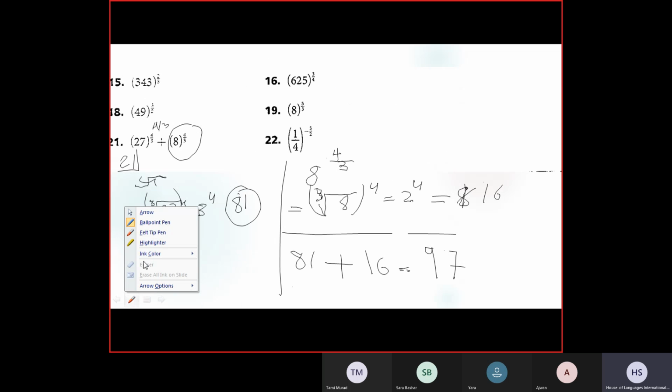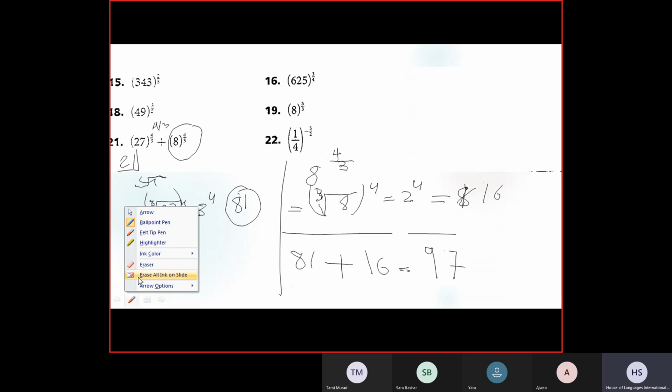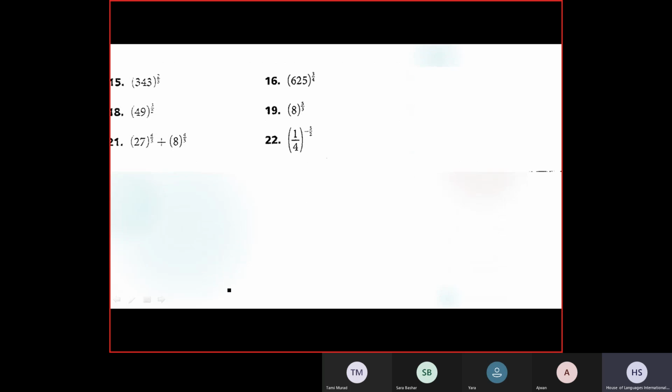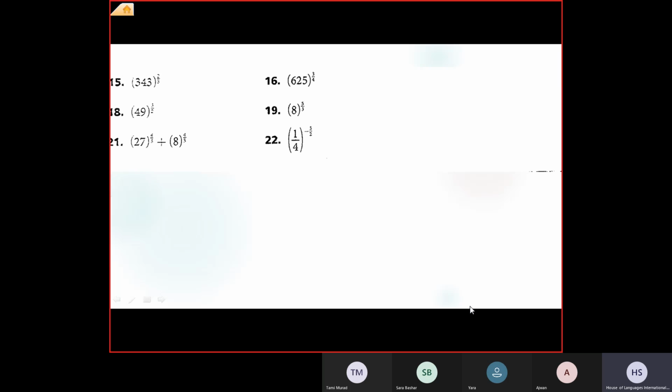Now 22. Number 22. Now focus with Julie. What did she do now? 1 over 4, and it's raised to the negative 3 over 2. What do we have first?